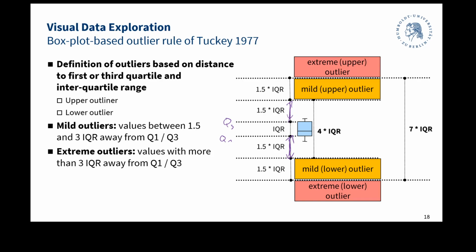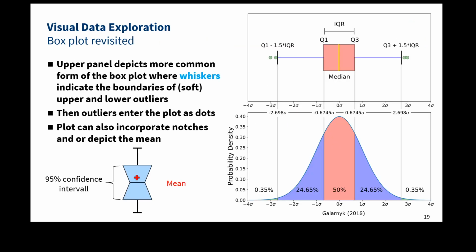And clearly this is a rule of thumb, but it's standard practice, and in fact you could also relate that to probabilities if you assume that the data that you analyze, your age distribution, for example, follows some statistical model. Here is an example where you can basically relate the box plot under the assumption of normality to the normal distribution, and then also basically relate the thresholds, 1.5 or 3 times the interquartile range, to probability areas.